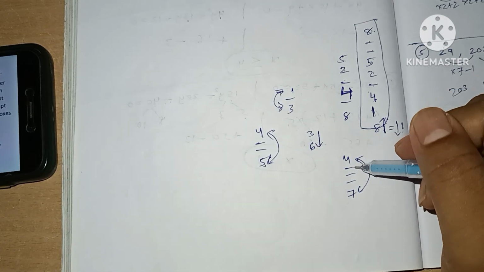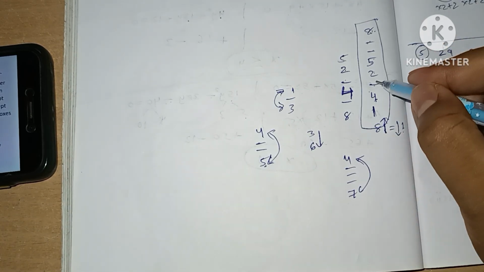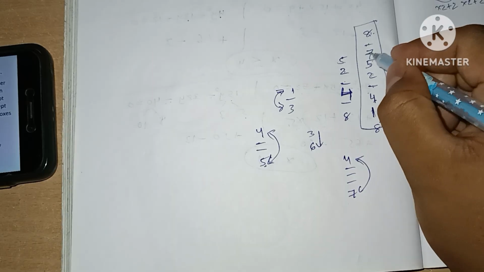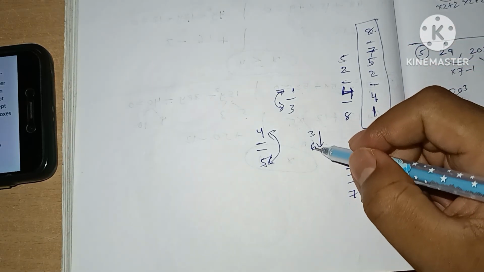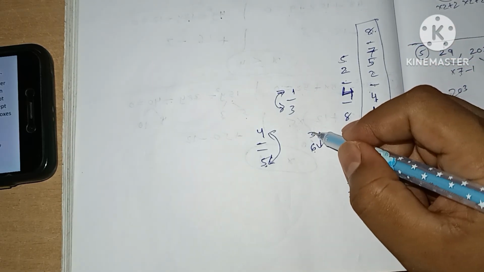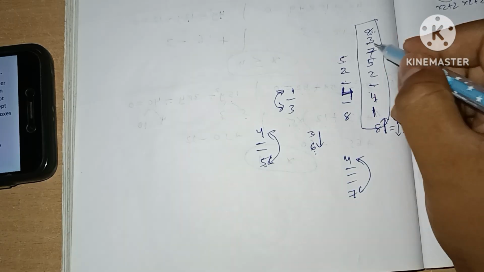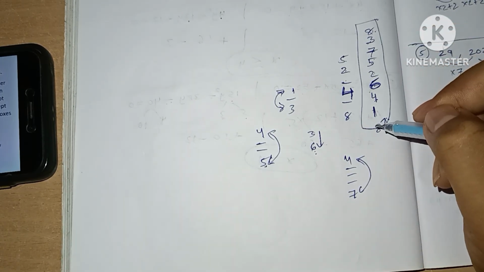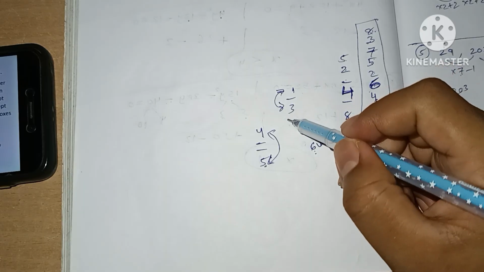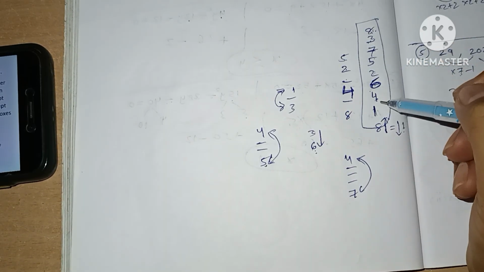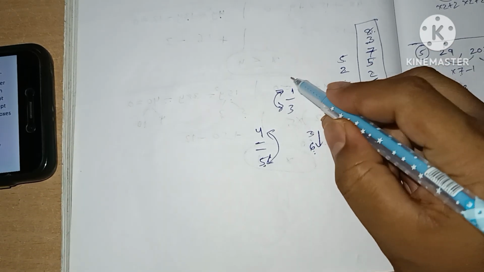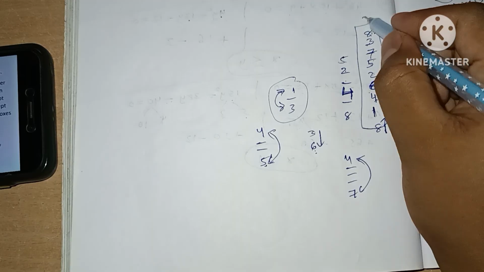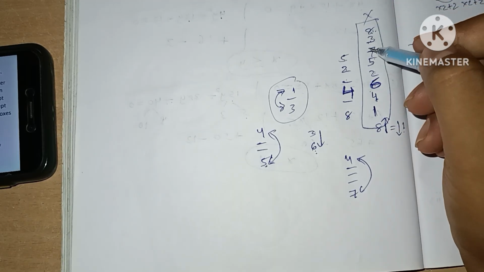We have 4, which means we can write 7. 1, 2, 3. This is the place for 7. 3 and 6. 3 below is 6. So this is the place for 3 and this is the place for 6. Okay. By this, the puzzle is not satisfying this statement. So this possibility is false.